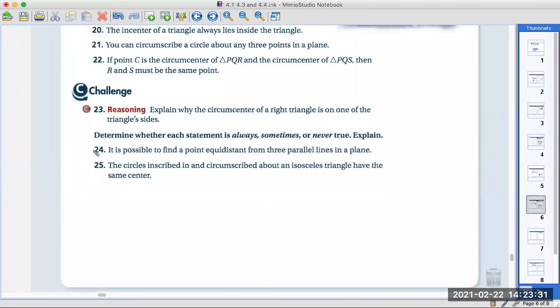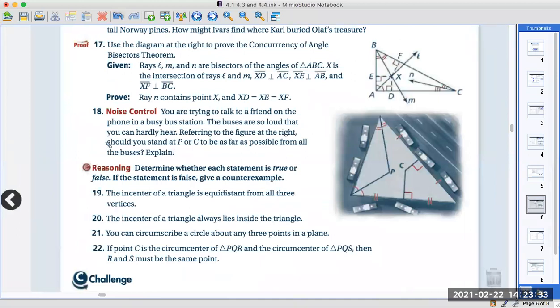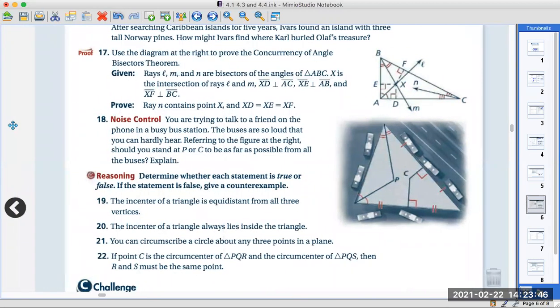To page 222. So the homework problem for this one little perpendicular bisector is the noise control, problem 18. So let's read. This is homework.